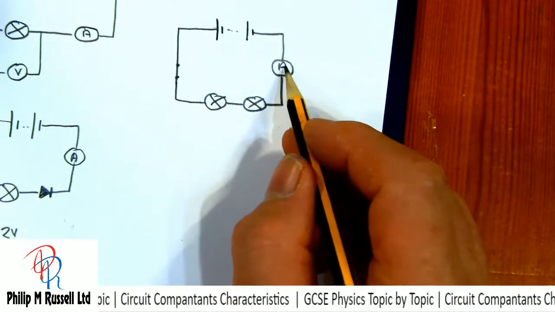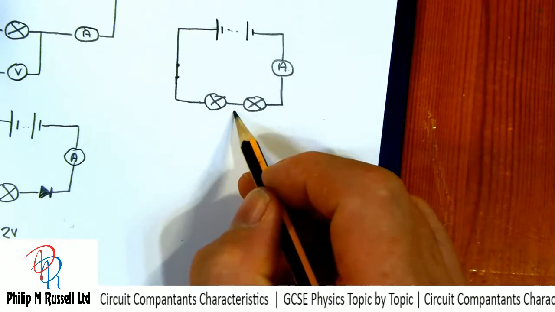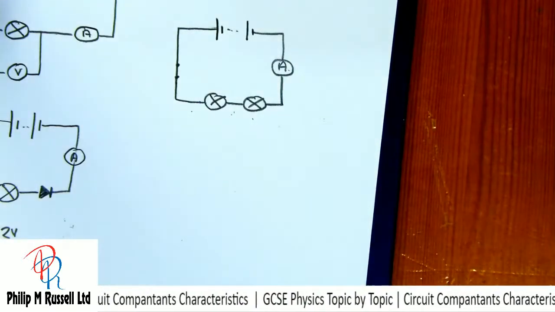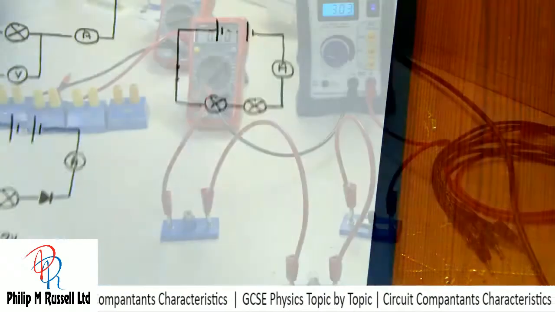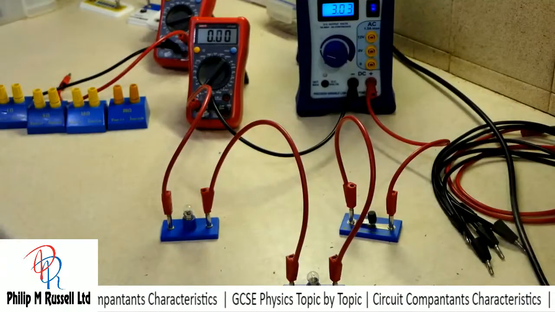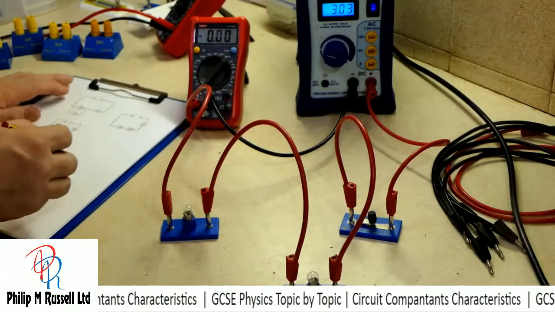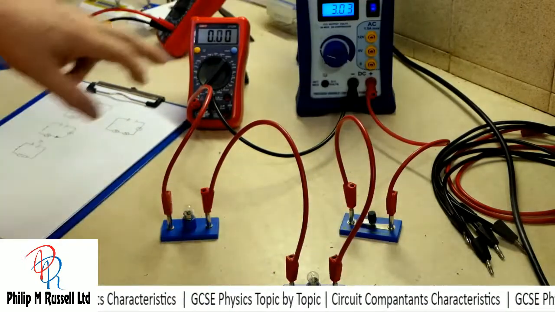What I'm going to do this time is look at the ammeter here, and then I'm going to place it in different positions, and I want to see what happens. So we've got going around the switch, the bulb, the ammeter.